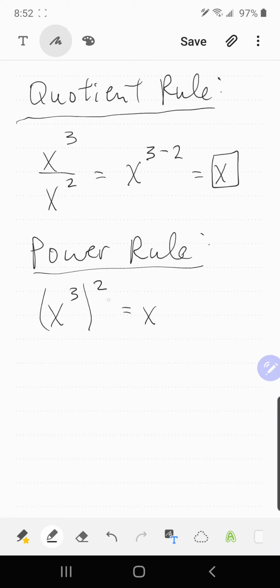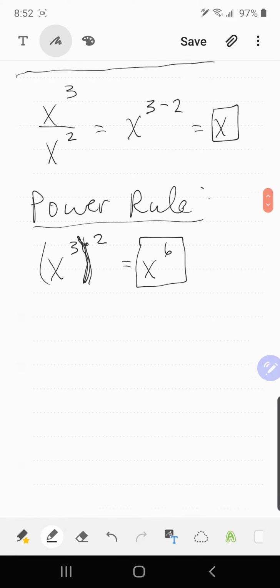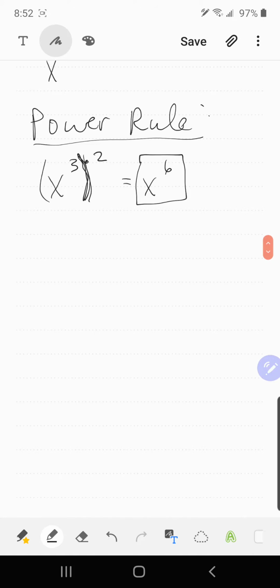So this is going to become x to the 3 times 2, which is x to the 6th. And that's done. Again, the way I like to remember this one is that parentheses indicate multiplication, even between powers. So an exponent raised to another exponent, those are going to multiply. Okay, so there's 3 rules.